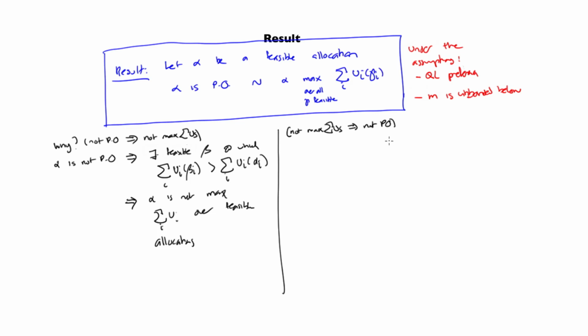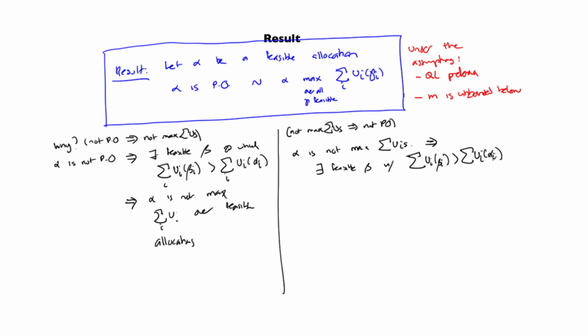Let's look at the other one. Suppose that alpha is not maximizing the sum of the u_i. This implies that there exists a feasible allocation beta for which the sum of the u_i at beta_i is greater than the sum of the u_i at alpha_i.